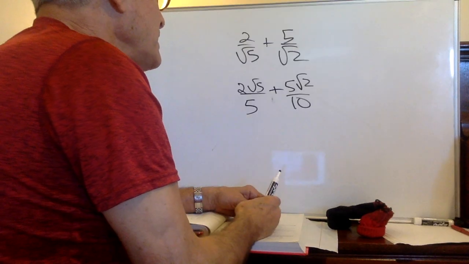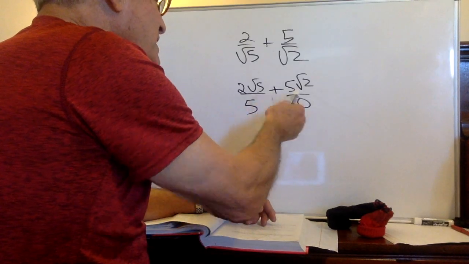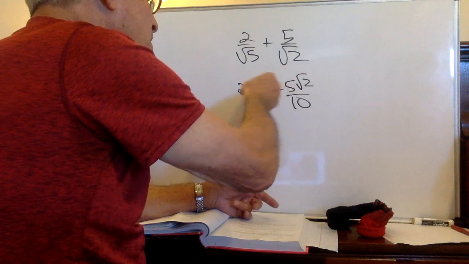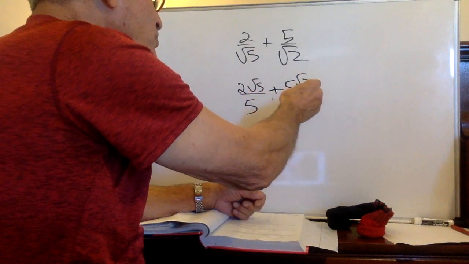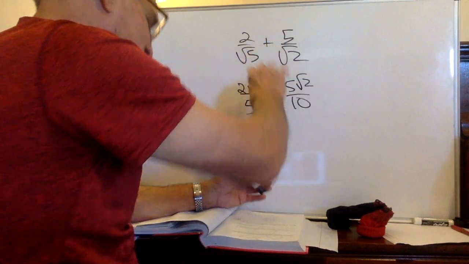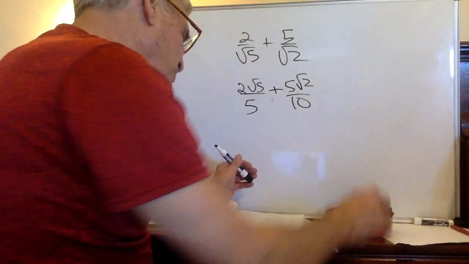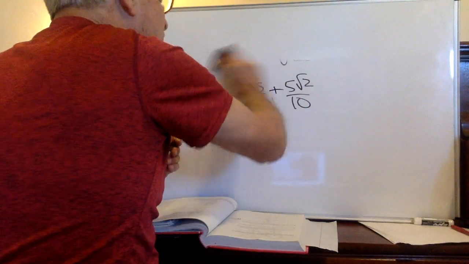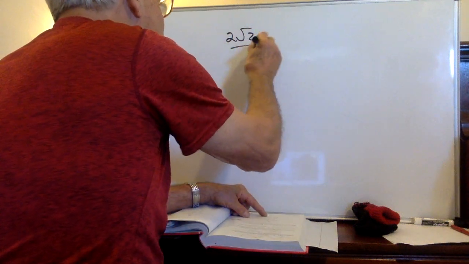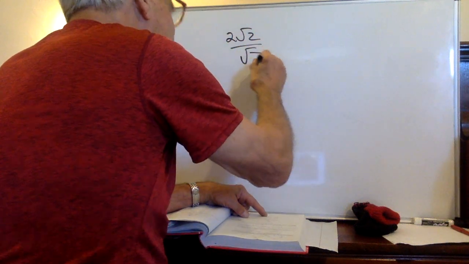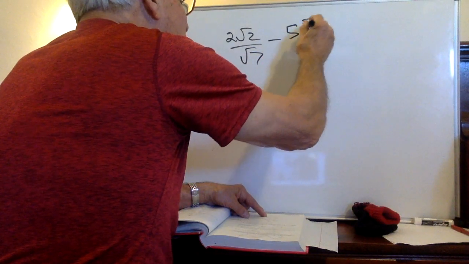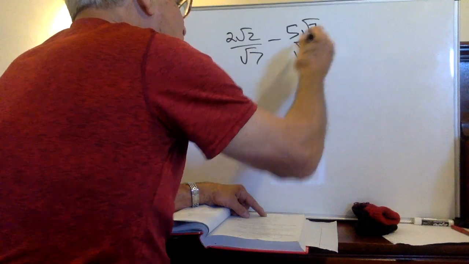And in this particular case, I can't combine yet because I don't have common radicals. Root 5 and root 2 are different, so that would really be all that you could do in this problem, rationalize the denominator. But if you had something that looked like the following, you could go further: 2 root 2 over root 7 minus 5 root 7 over root 2.